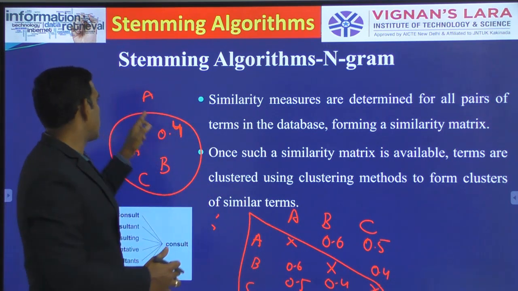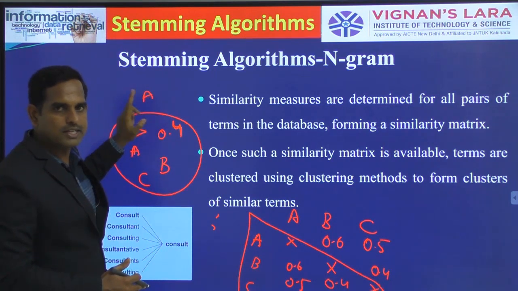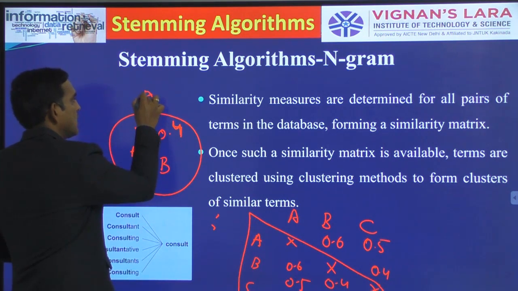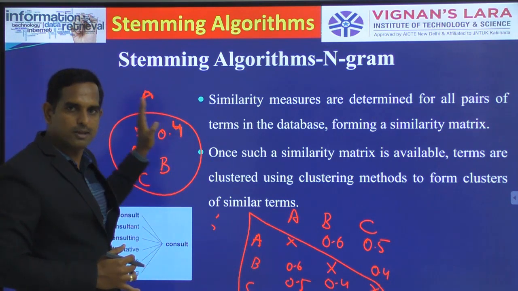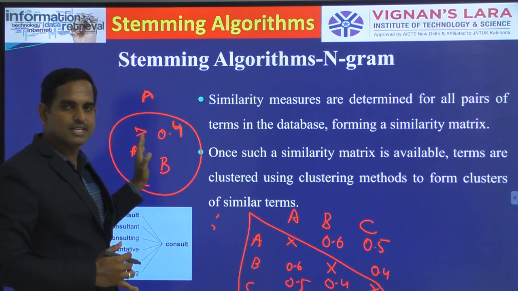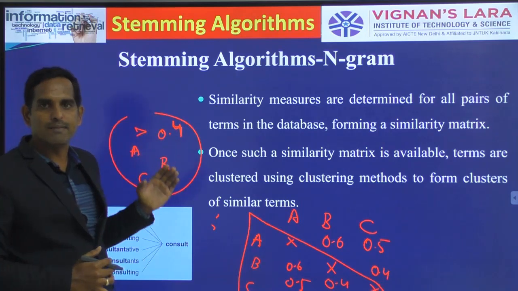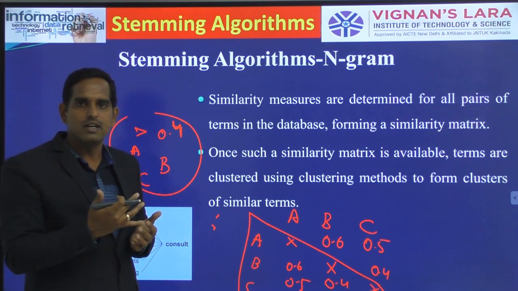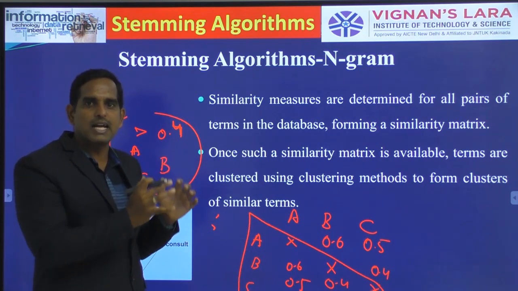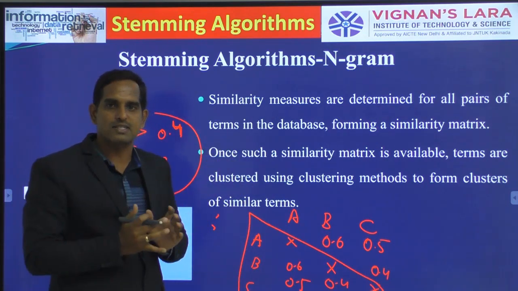I can treat all the words present in this cluster as similar to word A. So, in the similar sense, using any clustering method, based upon these similarity measures, we can group them into clusters.